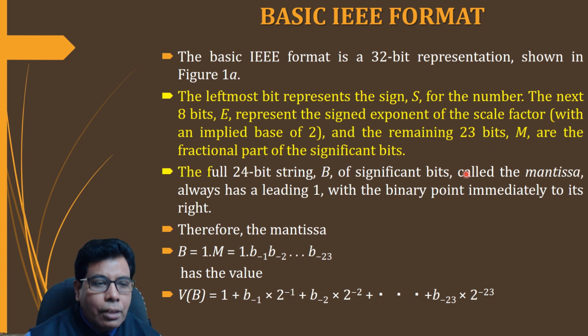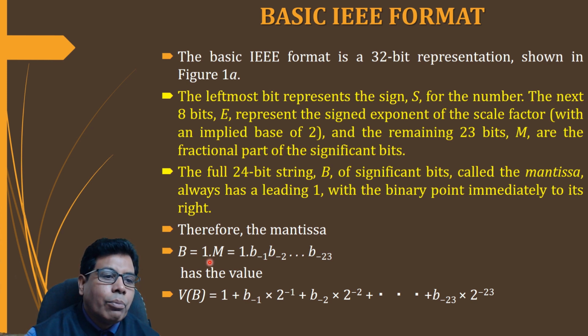The full 24-bit string b of the significant bits is called the mantissa and has a leading 1, with the binary point immediately to its right, so we will have the mantissa 1 dot m.